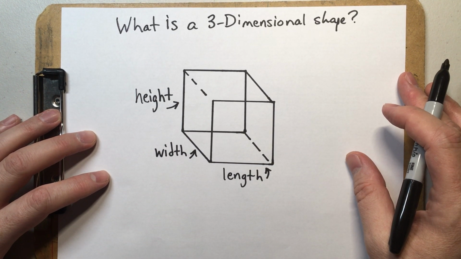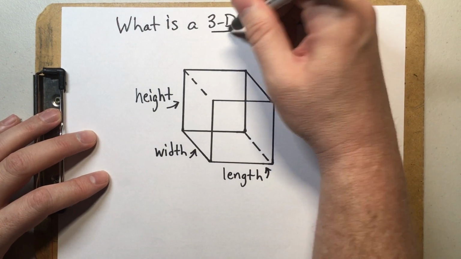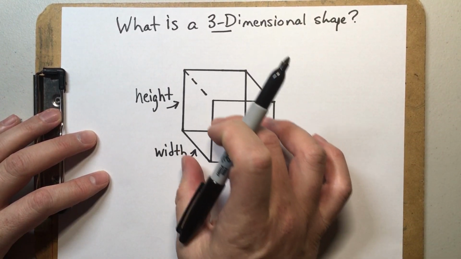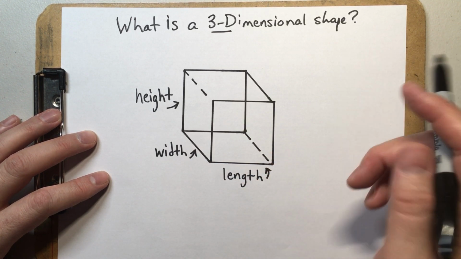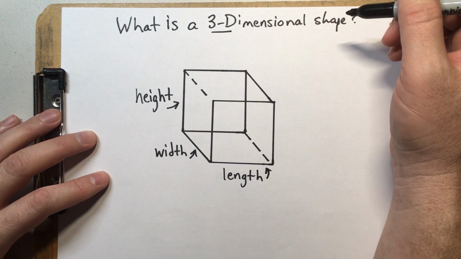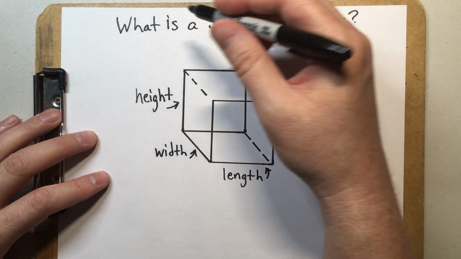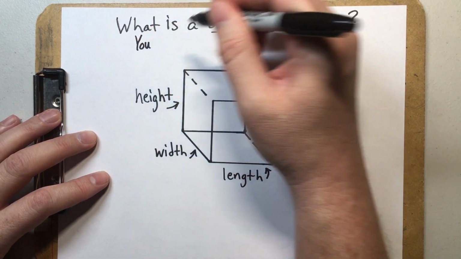That's why they call it three-dimensional, or 3D, because now you have this other dimension that allows you to put stuff inside of it. So one way to define a 3D shape for children is that you can put things in a 3D shape.